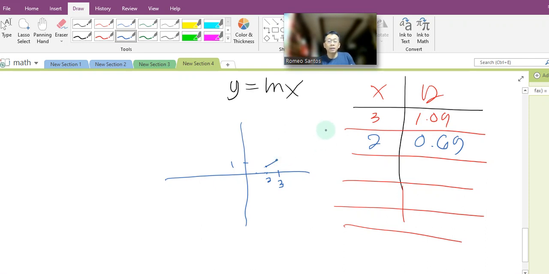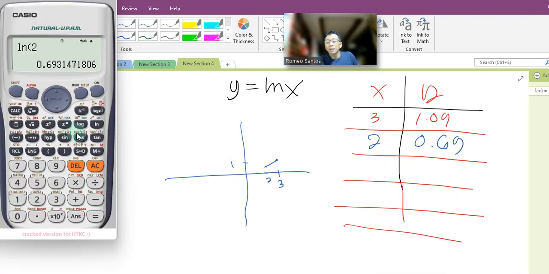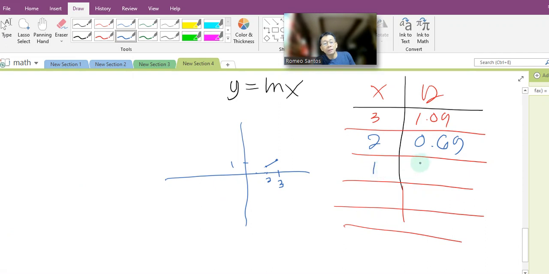So let us try now when x is 1. That is ln of 1, which is equal to 0. So when x is 1, y is 0.